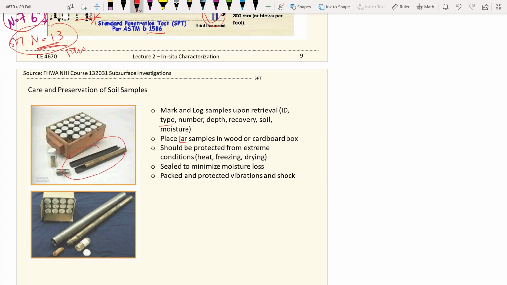At the end of the day, the clients or the project spend so much money to mobilize a rig to site and pay for engineers on site to do all this work. You want the job to be done properly. For the soils, make sure effort is given to minimize any possible disturbance, including loss of moisture. Everything needs to be sealed to minimize moisture loss, packed well, protected well, and try to minimize any kind of vibrations.